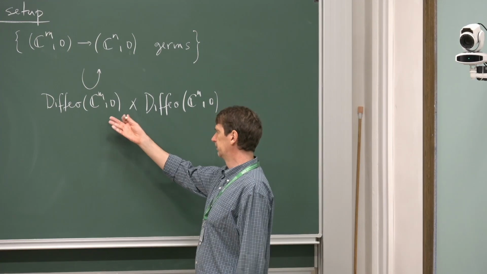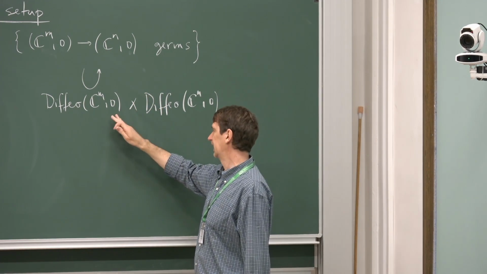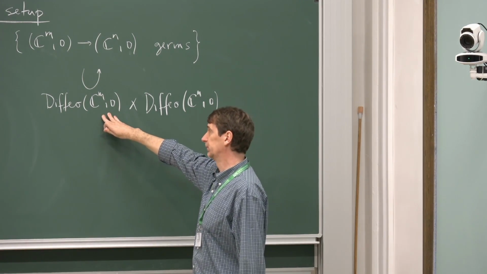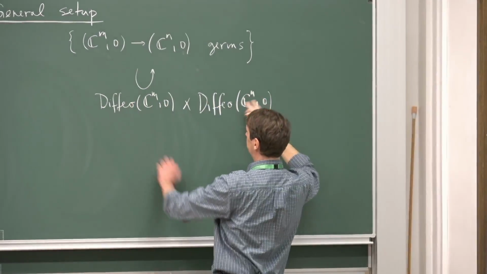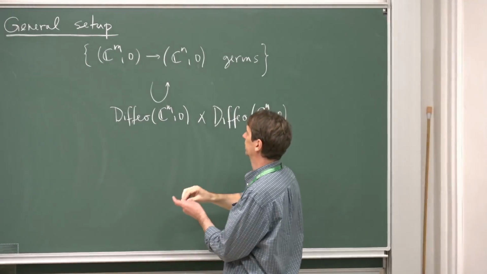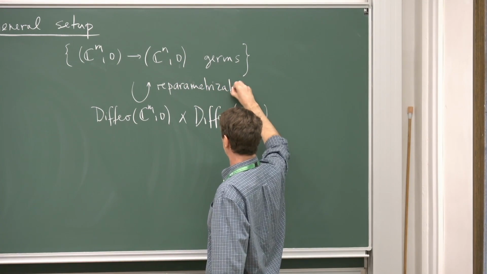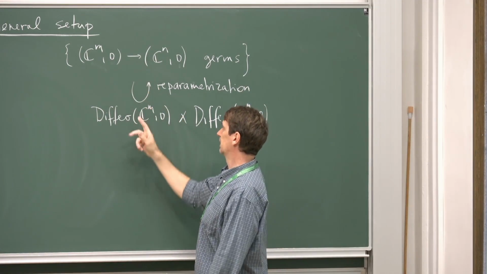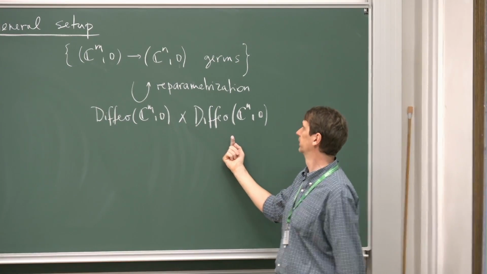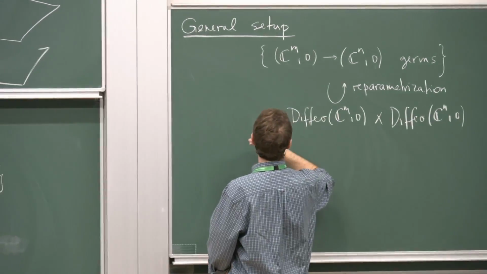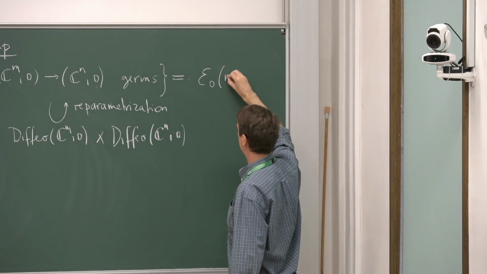Of course, it's an infinite dimensional group, but don't be very intimidated by this group, in some precise sense, which I'm not telling you now, they are homotopy equivalent to just GLm cross GLn. But anyway, this larger group acts on that, and how does it act? By just reparametrization. So if somebody gives you a map, you can pre-compose it by a diffeomorphism here, and you can post-compose it with a diffeomorphism in the target. So that's the action.